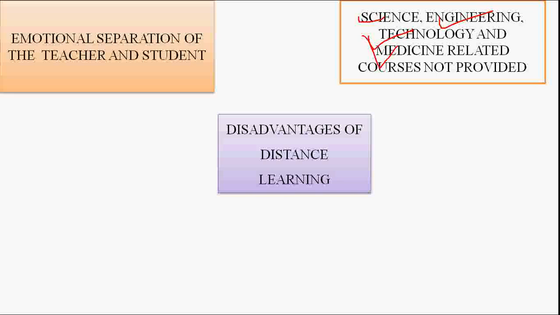So if practicals are there, that means distance education offers only those types of courses which you can study at your home. But when we talk about science, engineering, technology and medicine related courses, you cannot do these types of courses or programs by studying at home, is it not?